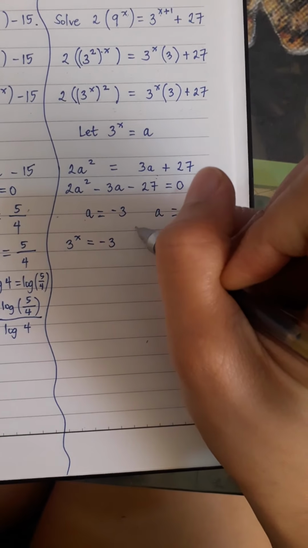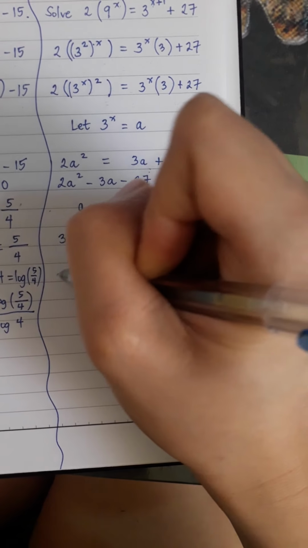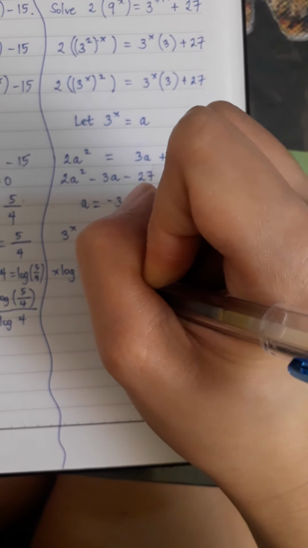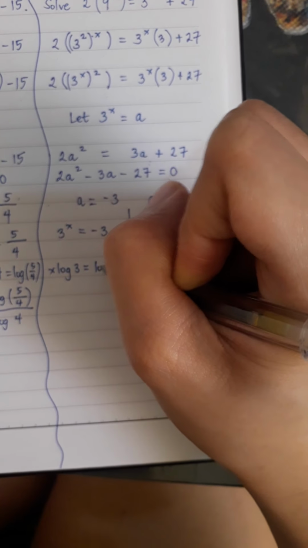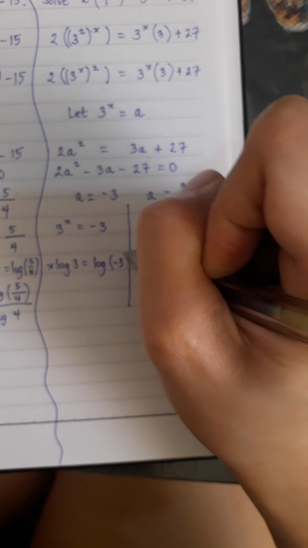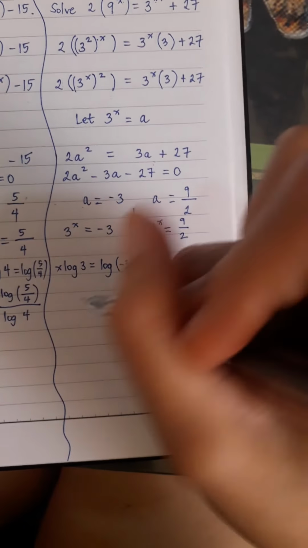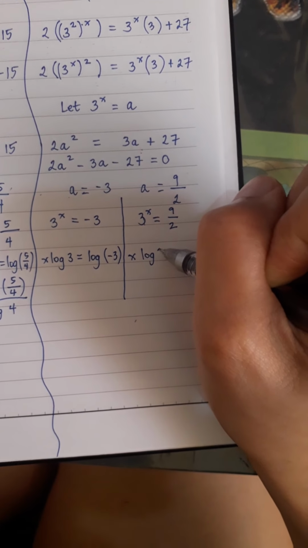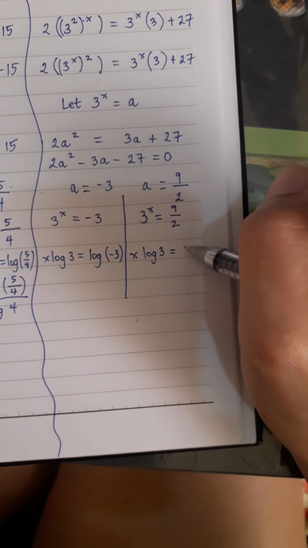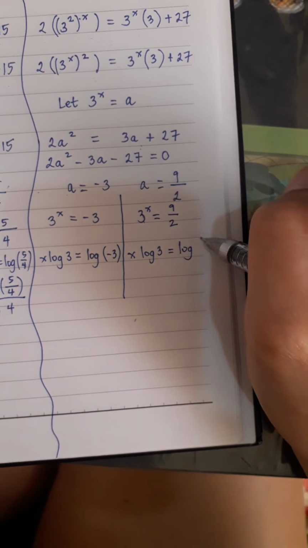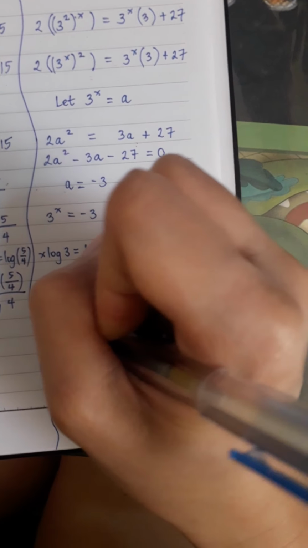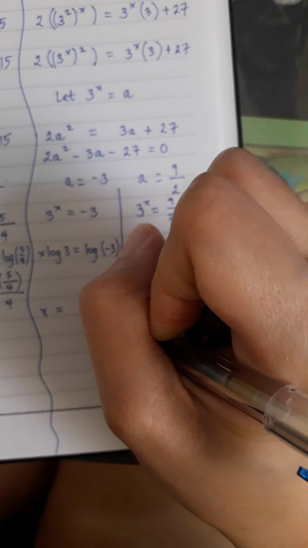So I will have x times the logarithm of 3 to the base 10 is equal to the logarithm of negative 3 to the base 10. Same for this, x times the logarithm of 3 to the base 10 is the logarithm of 9 over 2 to the base 10.